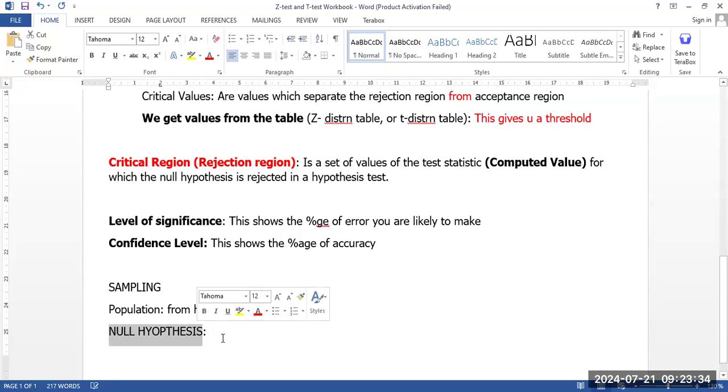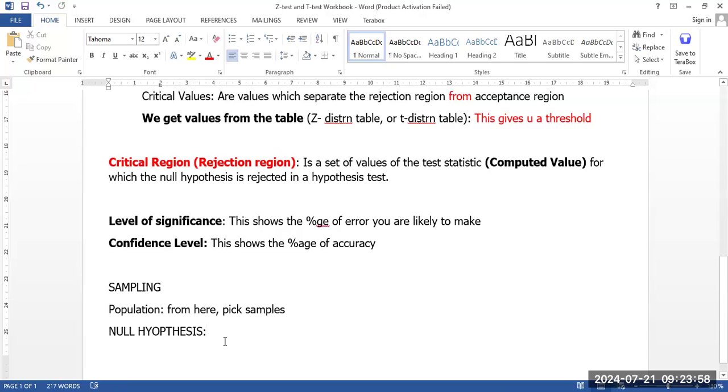We said it can be false or it can be what? True. So the percentage of finding that what you stated is true is always high, because we don't expect you to start from a wrong thing.